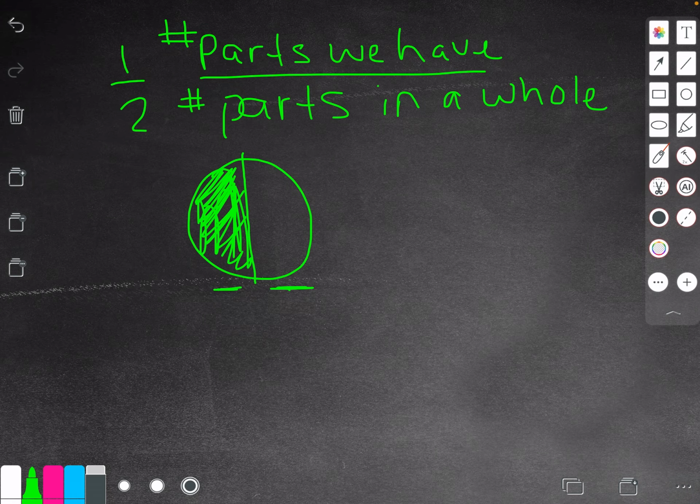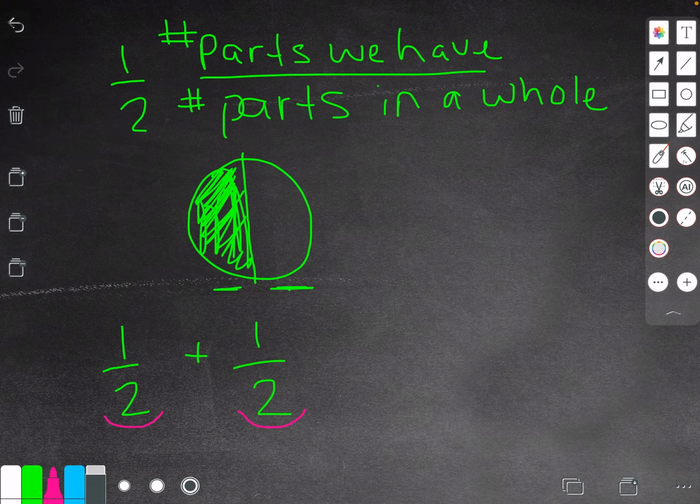Now if we were talking about adding together some fractions like 1/2 and 1/2, this works perfectly because we are adding together shapes that have the same number of pieces in the whole.